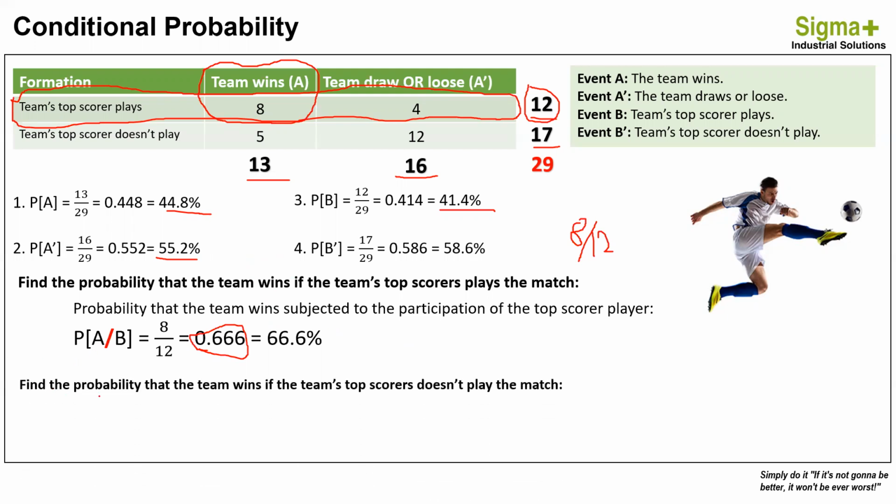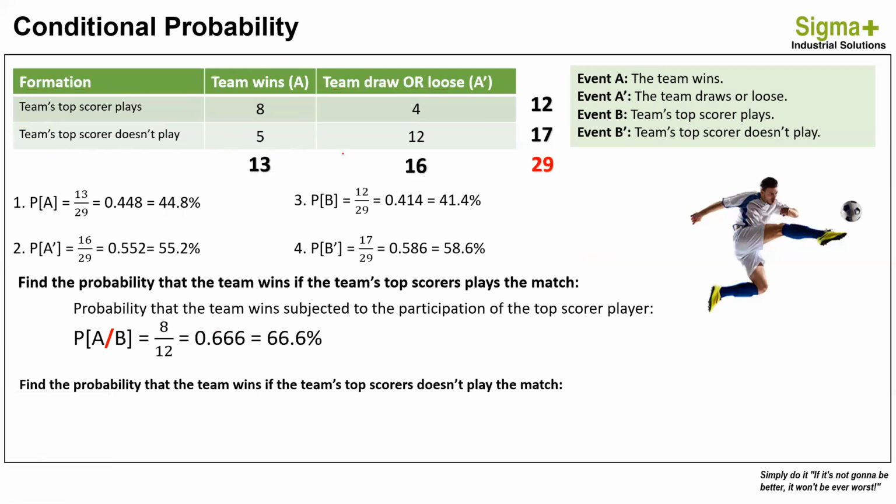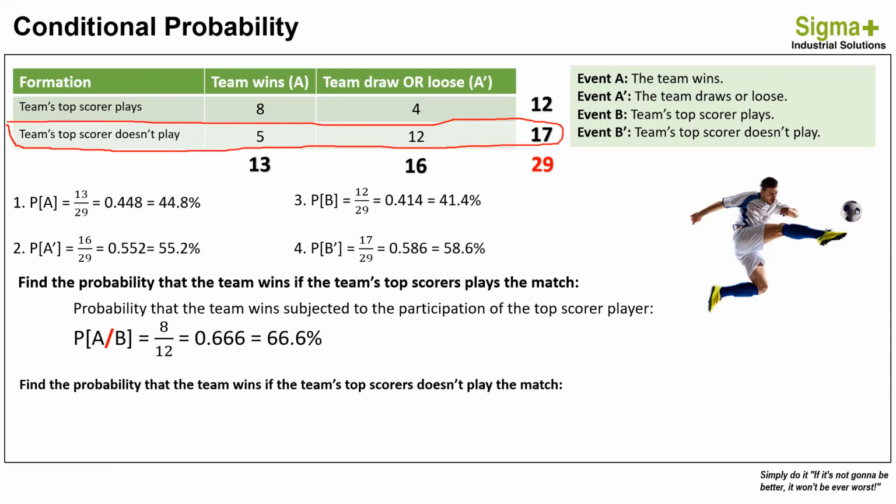So the next requirement is to find the probability that the team wins if the team's top scorer doesn't play the match, right? So again, we use the contingency table. My sample space will be subject to the condition that the team's top scorer will not play the match, which is 17 times, right?